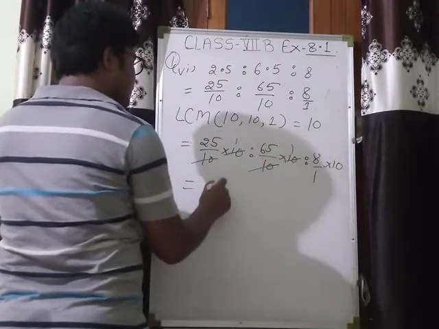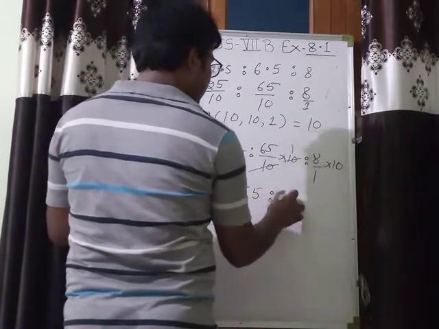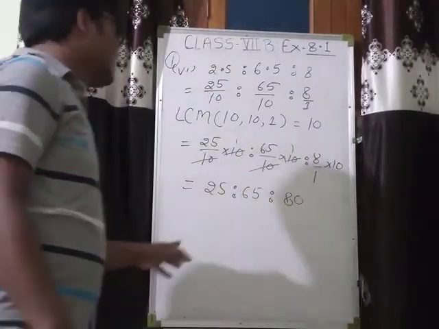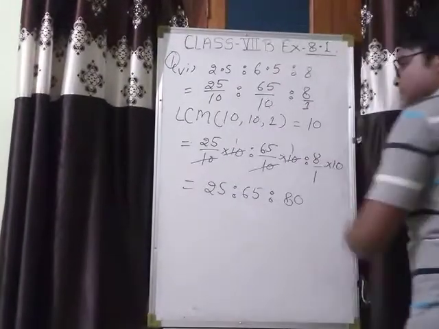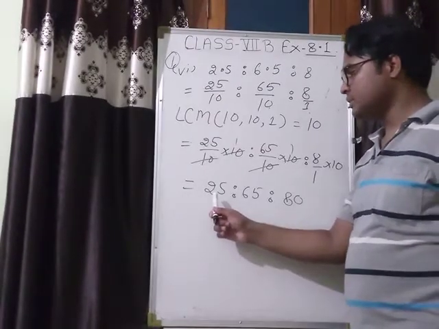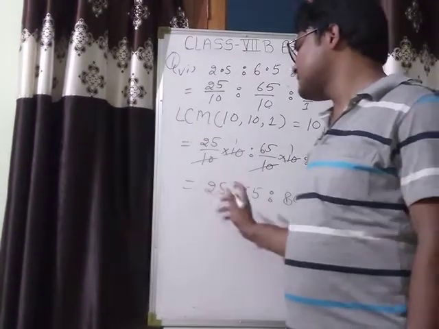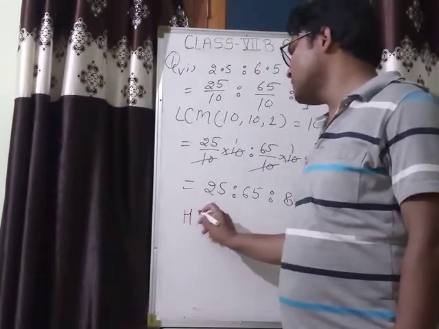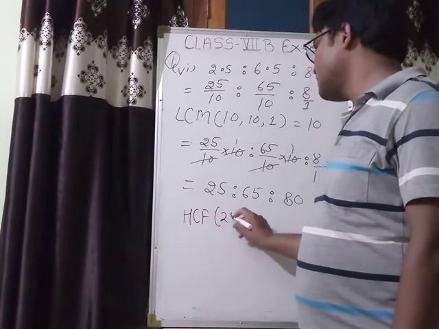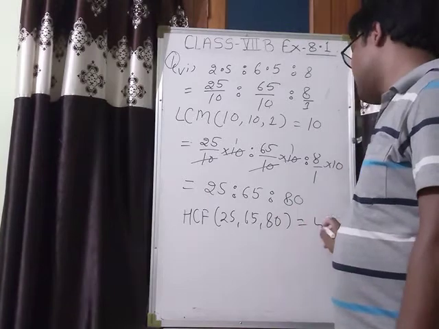We have 25:65:80. Now look at these three numbers, that is 25, 65 and 80. What will be their HCF? HCF of 25, 65 and 80. I think that is 5.